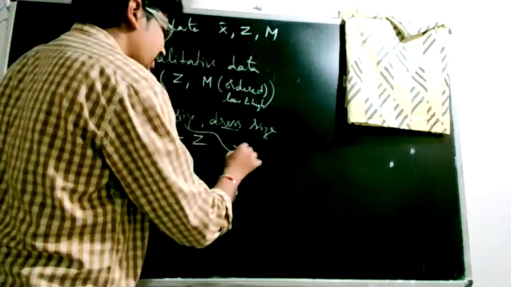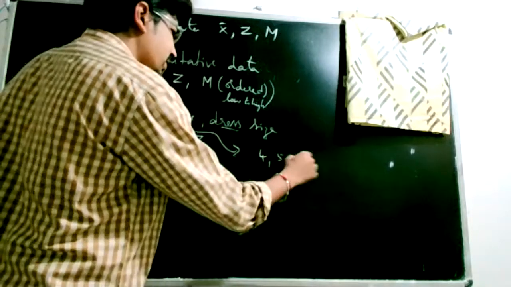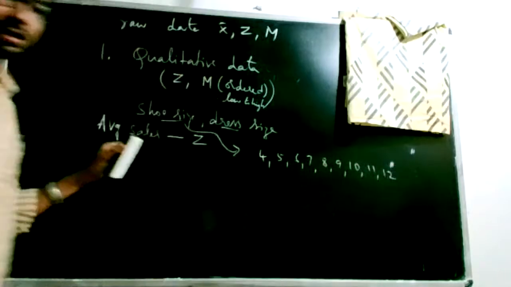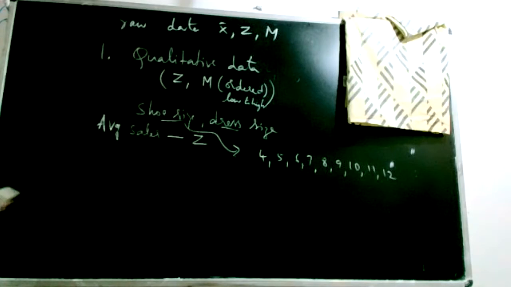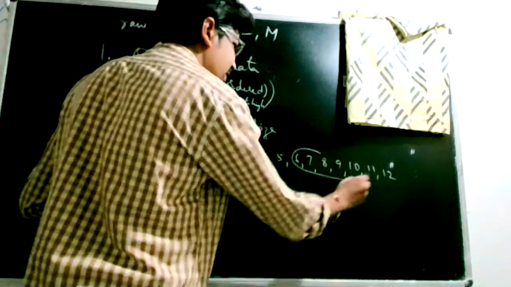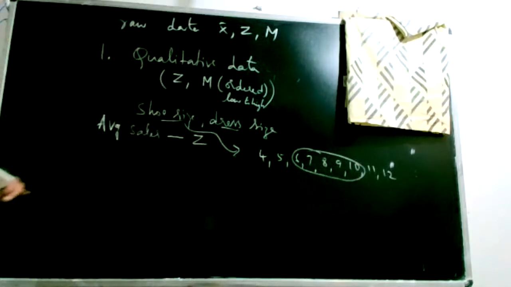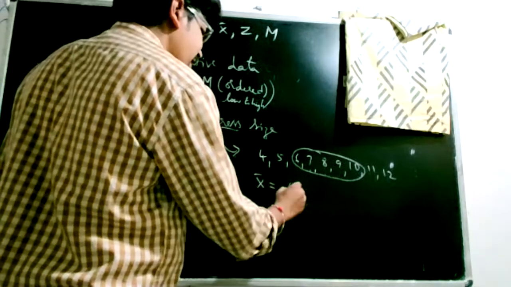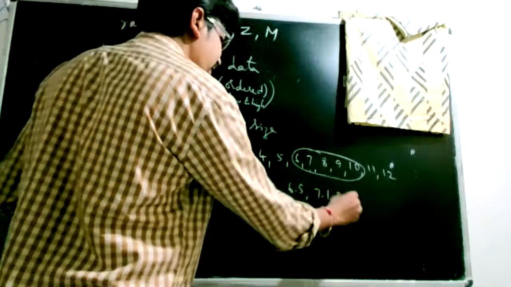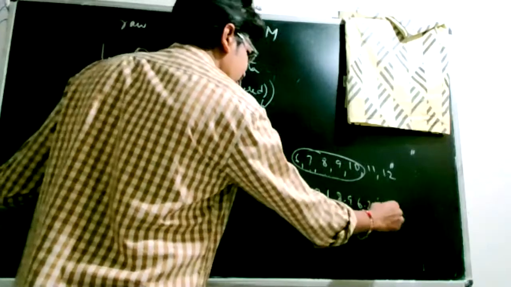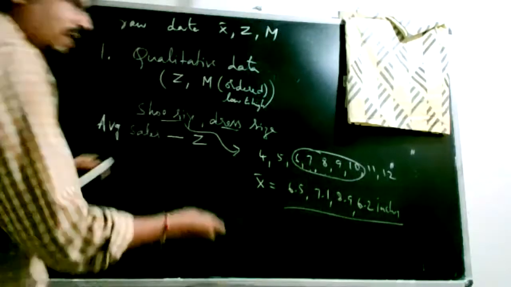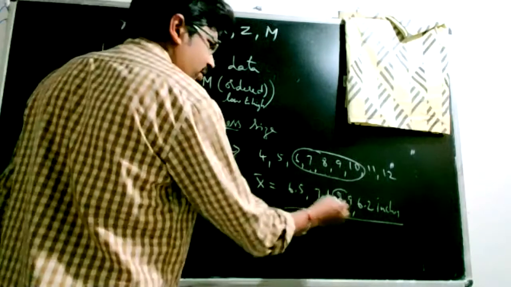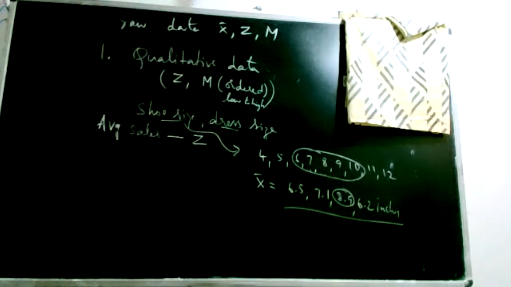The size of shoe may start from 4, 5, 6, 7, 8, 9, and in special cases go up to 12 or 14. Of these, we observe much of the sales occurring only in a particular zone. If I use the concept of x bar for average sales, I might end up getting answers like 7.1 or 8.9 or 6.2 inches, which are not at all present in our production, and it is hard to interpret also. I cannot say the average shoe size is 8.9 inches.